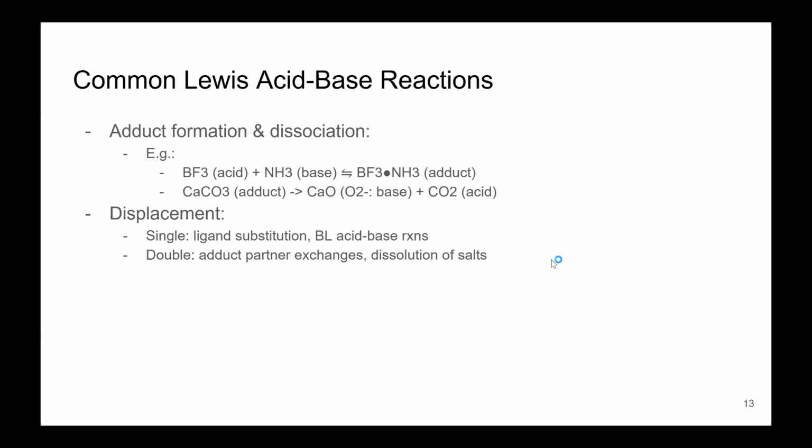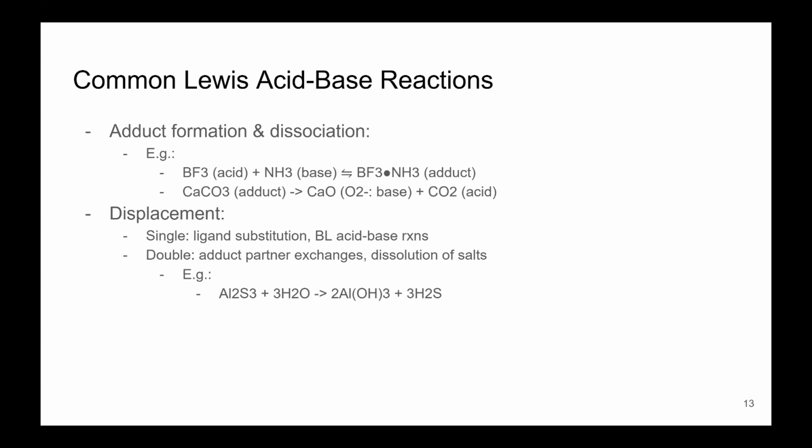Then for double displacement, you can have partner exchanges or dissolution of salts. So for example, you can have your Al2S3 plus 3H2O, then they actually swap partners.